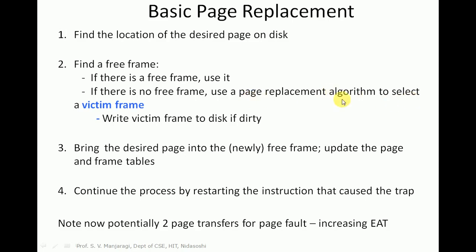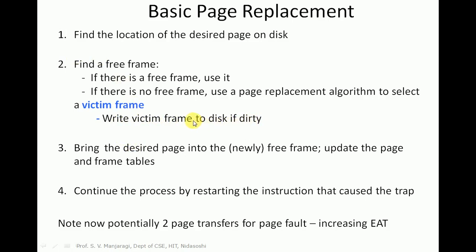That is going to select a victim frame. So what is a victim frame? The frame that you want to replace is called the victim frame. The already existing frame that you want to replace is allocated to some page. So write the victim frame to disk if it is dirty.